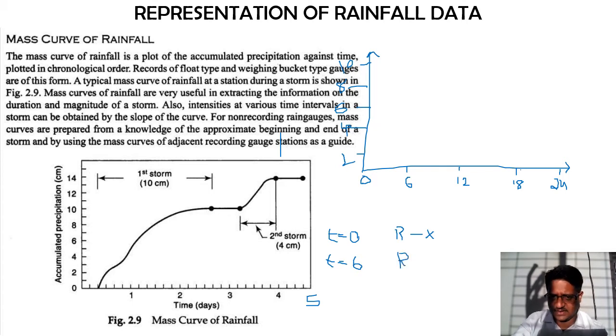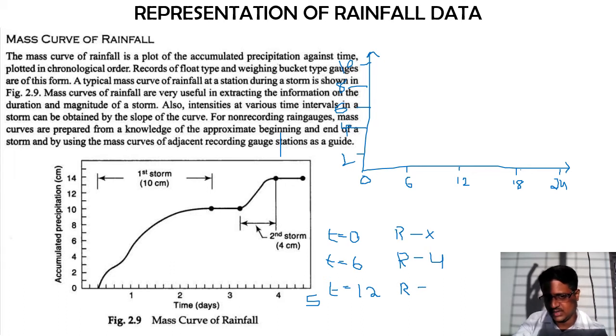Imagine from 0 hours there was no rainfall, but at 6 hours the total amount of rainfall collected is, let us say, 4 mm. Again, from 6 hours to t equals 12 hours, there was no rainfall.